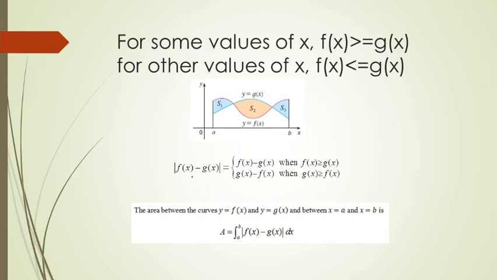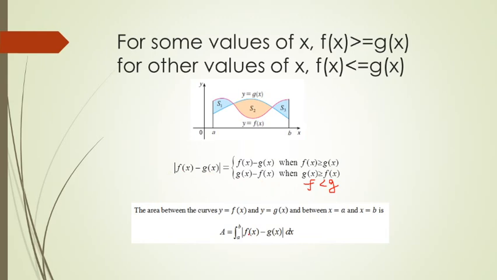And here, what does this mean? The absolute value of fx minus gx. When f is greater than or equal to g, we remove the sign directly. If f is less than g, we put a minus sign, that becomes g minus f, right?